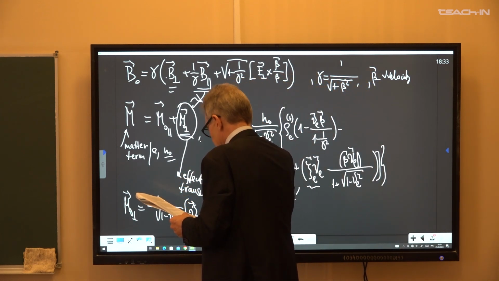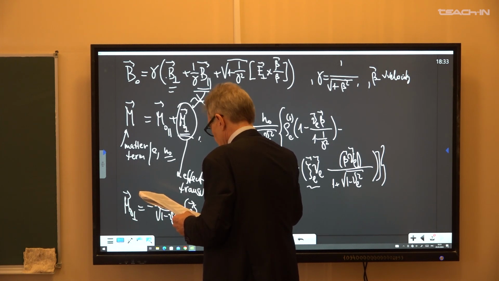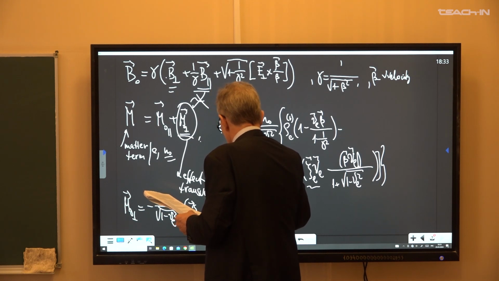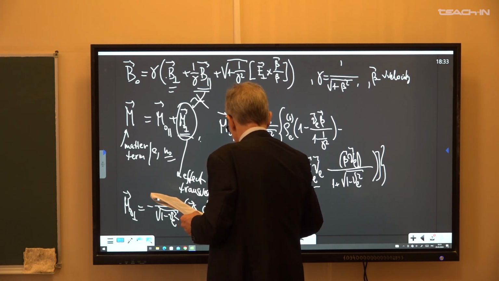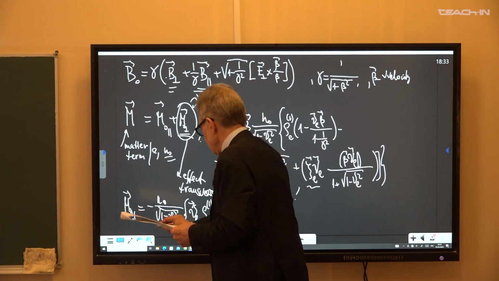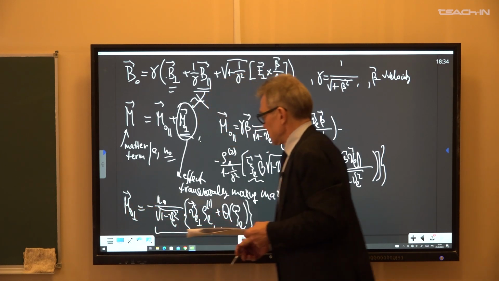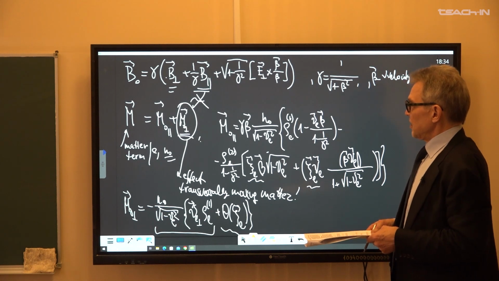Multiplied by some constant, which we indicate as rho, plus terms proportional to polarization, which we just skip. So this is not important. This is the key point.